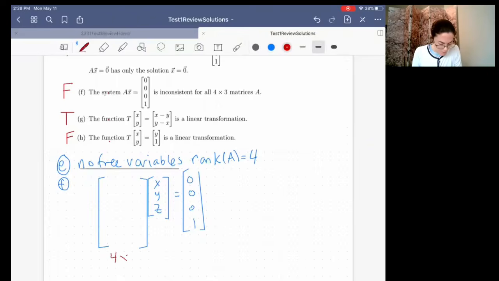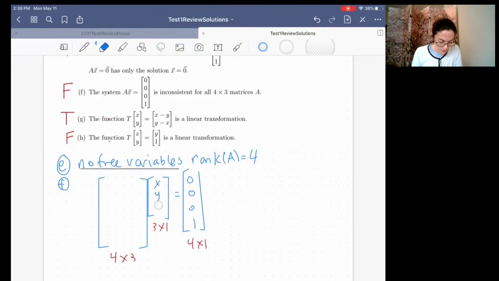This is 4 by 3. This vector is 3 by 1. The result will be 4 by 1. But we have a lot of choice here. We can pick A and we can pick x. We just need there to be a solution. If you think about matrix times vector as a linear combination of columns, it's very easy to construct something that works here.